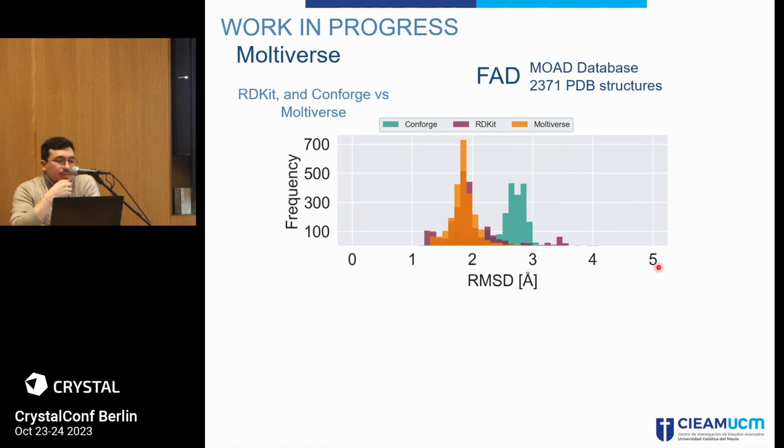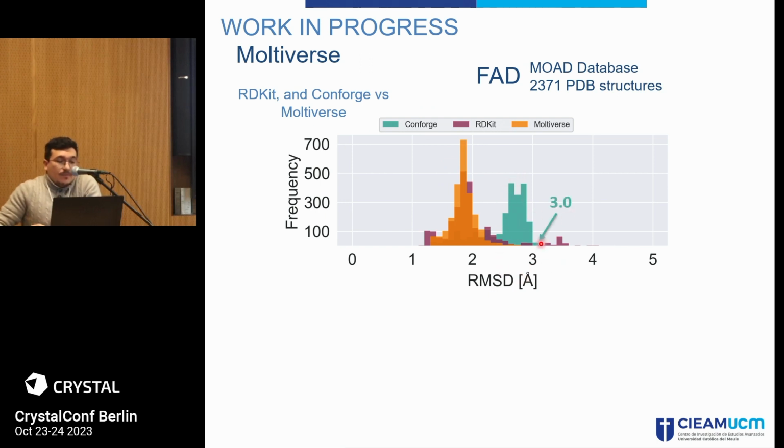So we got this. In ConForge, you have these distributions. The RMSD is how similar our ensemble was against every molecule in the database. If you have smaller values, you have a more precise prediction. So you can see ConForge in this part.